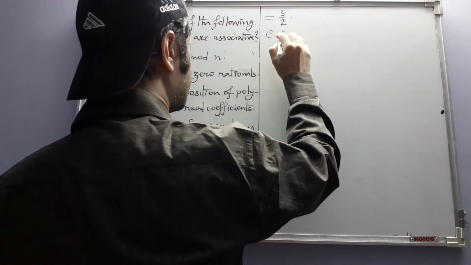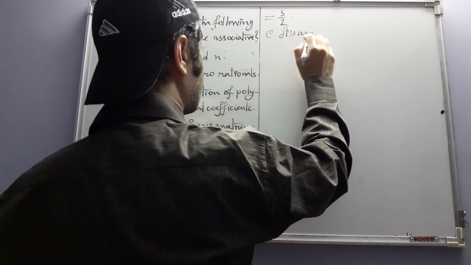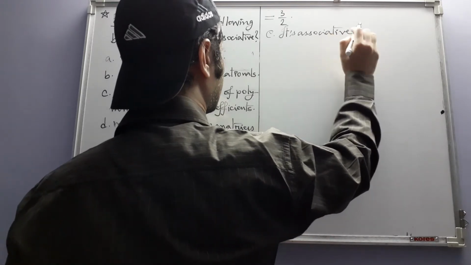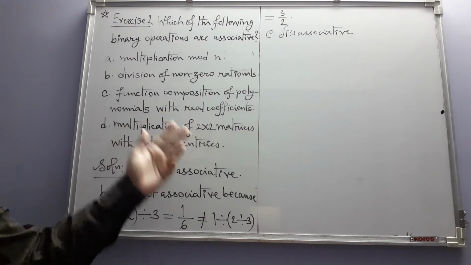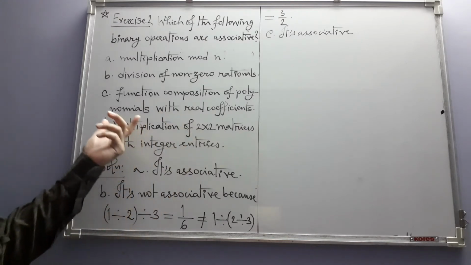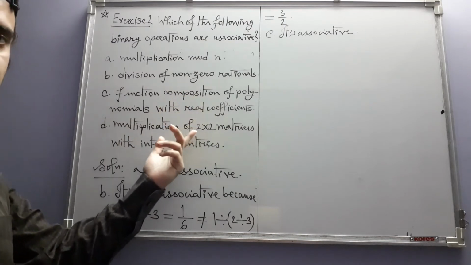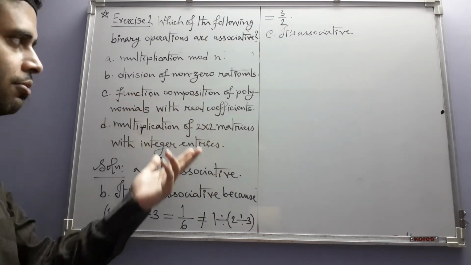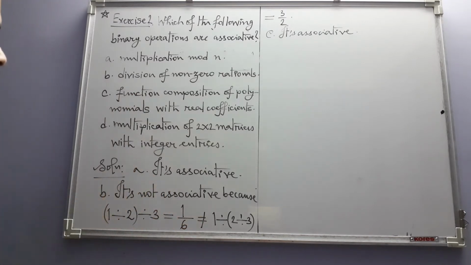Part C. It is associative because we know that in general function composition is associative. So in particular under the restriction that the functions being considered are polynomial functions, also the associativity will continue to be true.